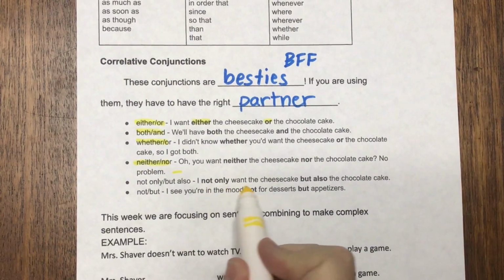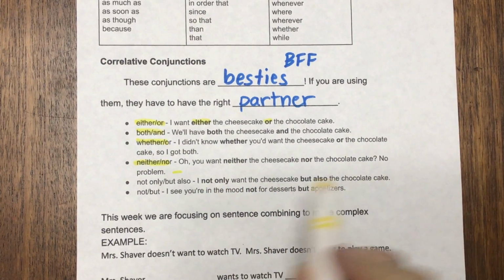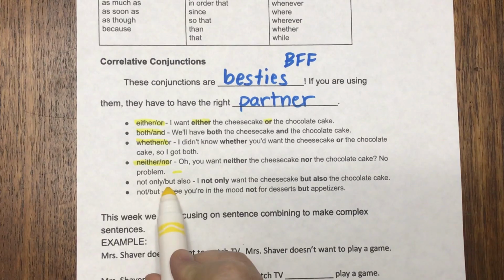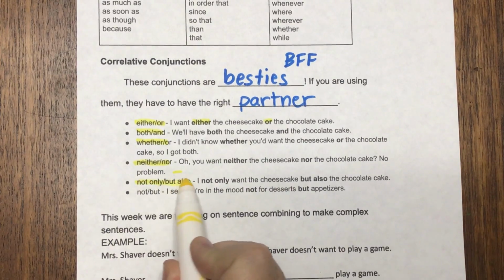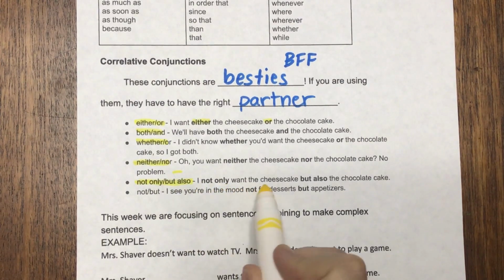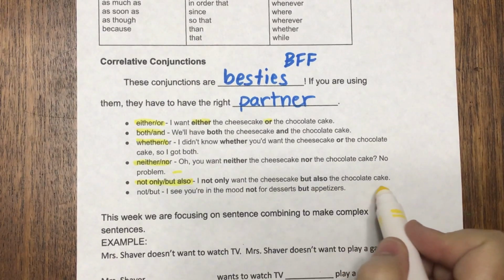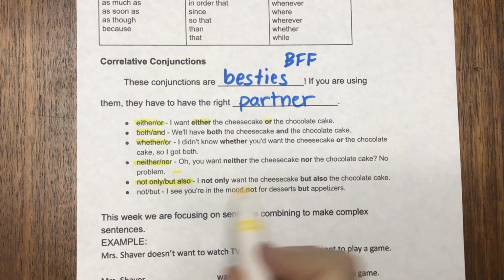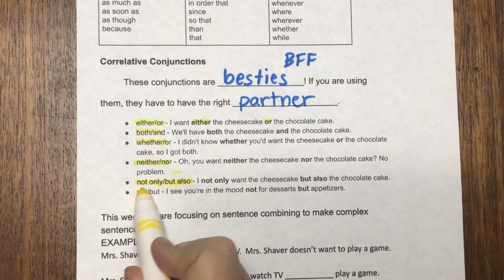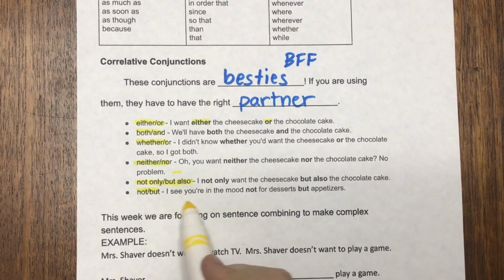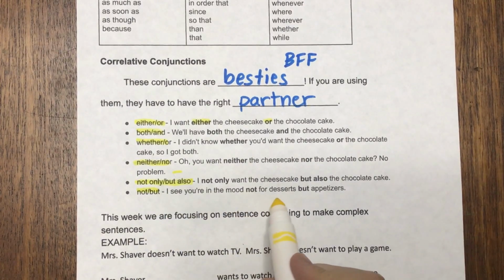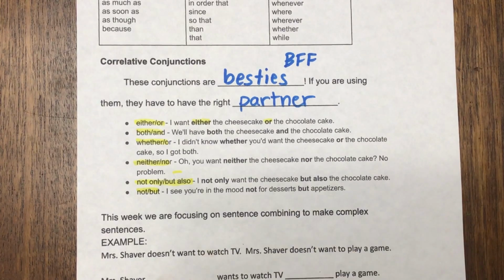And then this is like adding on something. Not only do I want something, but I also want something else. So I not only want the cheesecake, but also the chocolate cake. And then our last one is not and but. I see you're in the mood not for desserts, but appetizers.